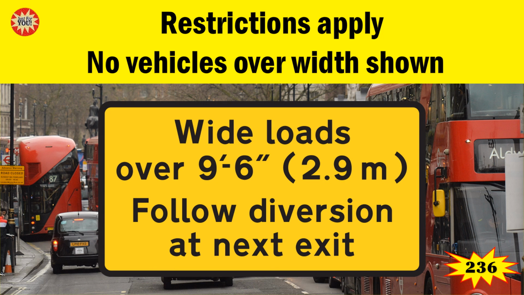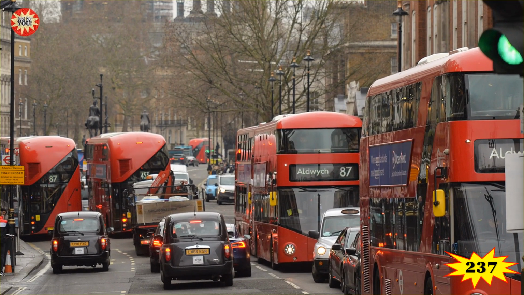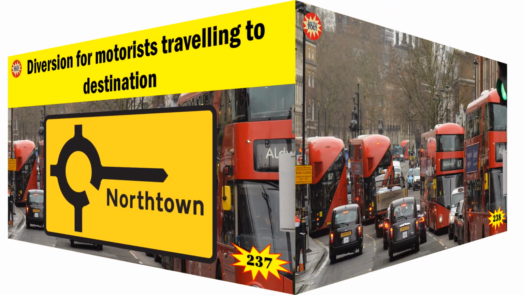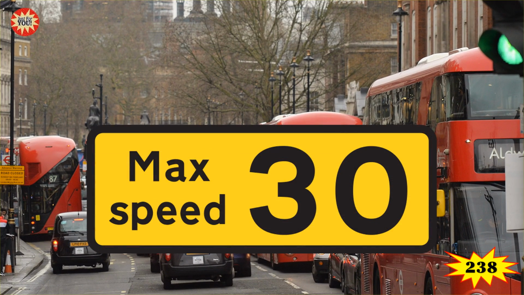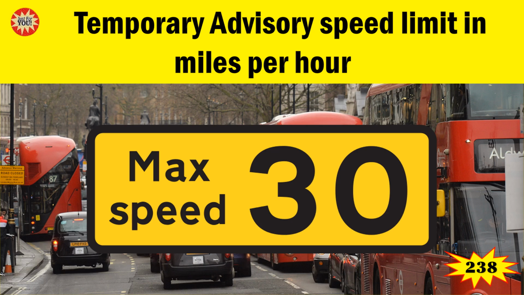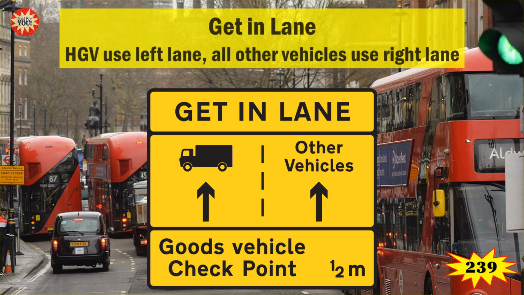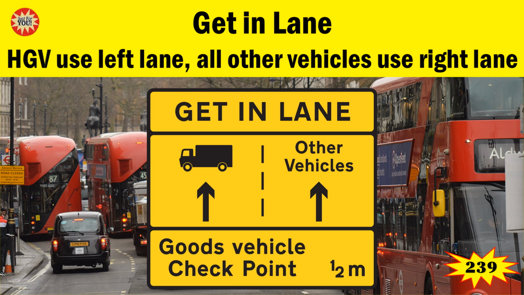Restrictions apply. No vehicles over width shown. Diversion for motorists traveling to destination. Temporary advisory speed limit in miles per hour. Get in lane. HGV use left lane, all other vehicles use right lane.